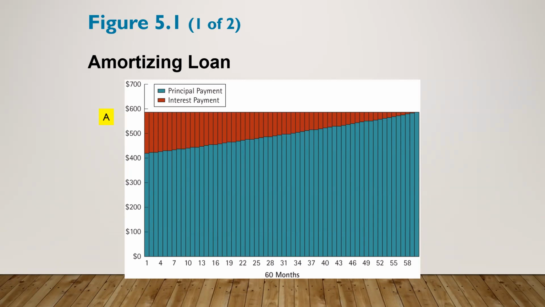Here in this example that you see here, which is labeled A, I'll just call it what the book has, panel A. In panel A, you see where they're illustrating this effect of a principal and interest loan, right?